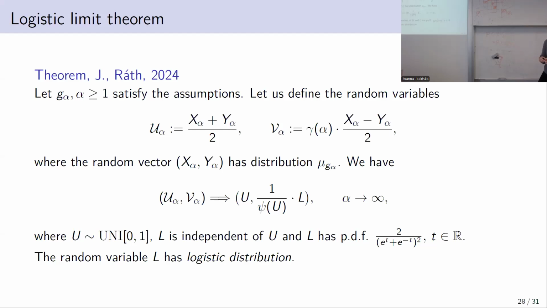So again, this x alpha, y alpha, these are just points drawn from my permuton. They converge in distribution to a vector of two random variables. One of them is uniform, another one is a rescaled logistic distribution.